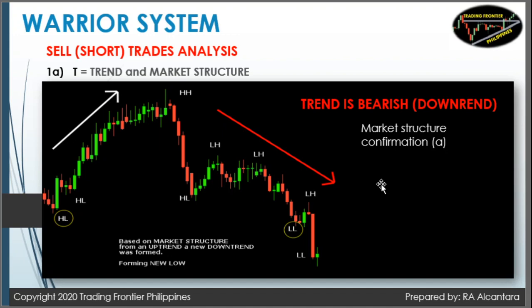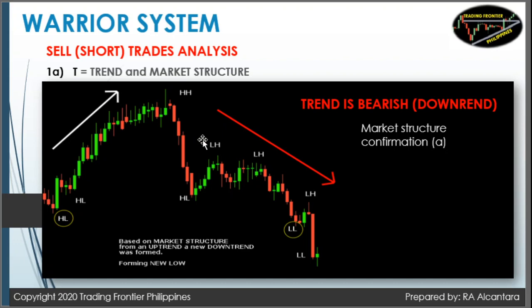So how do we determine or confirm that it is really bearish? From a market structure perspective, coming from a higher low, if we extend that previously on the price movement, it created again a higher high, and then a higher low still. But after the market corrected, it formed what? A lower high. It didn't reach beyond this higher high. So what is the meaning of this? There's a shift of momentum from bullish to bearish.